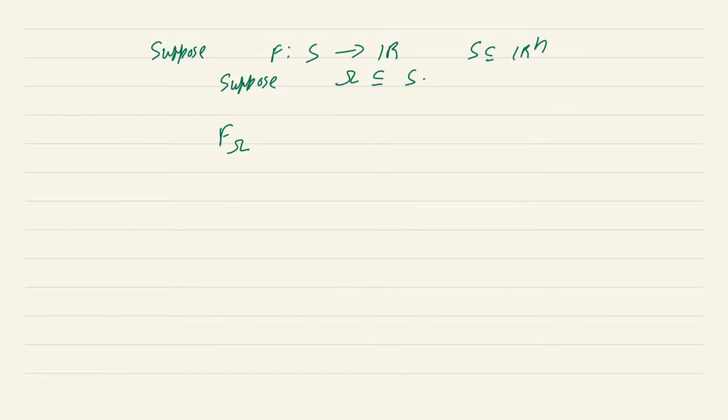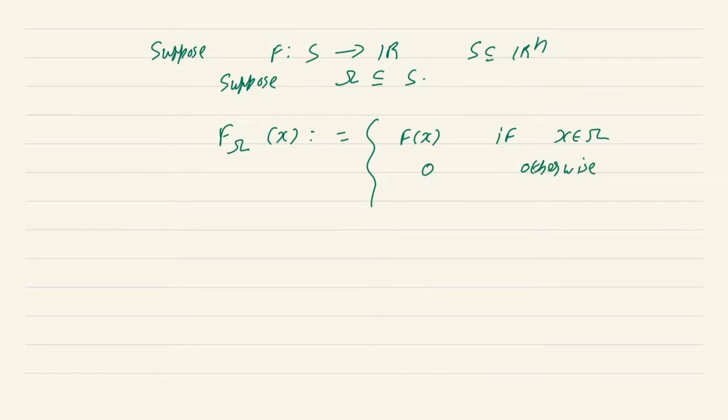Now I'm going to define integration of a function not necessarily on the whole of Rn. Suppose f is from S to R, where S is some subset of Rn, and suppose omega is a subset of S. We define this new function f subscript omega of x to be, by definition, equal to f of x if x is in omega, and 0 otherwise.